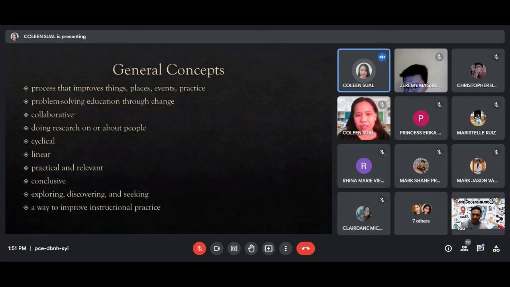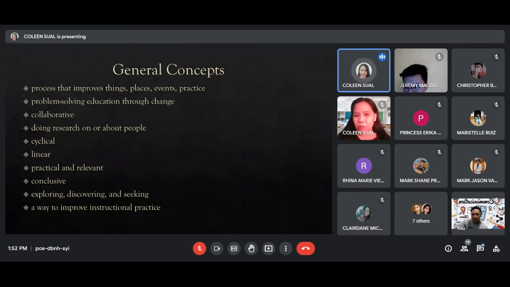As revealed, when we work on an action research, we solve a problem. We need transformation in education. We cannot transform our educational system unless we engage ourselves in an action research.